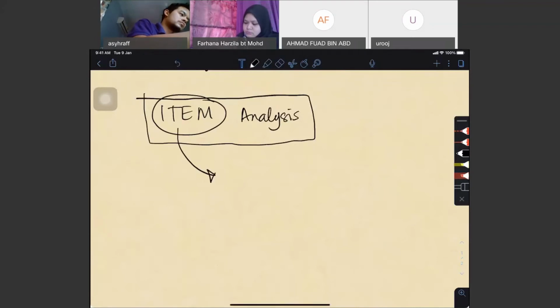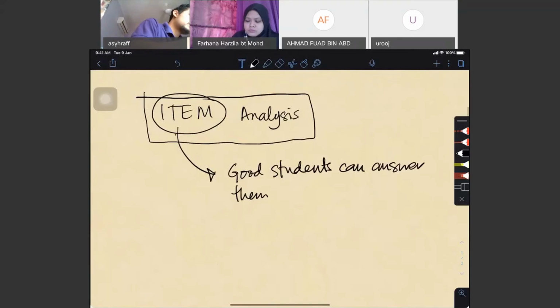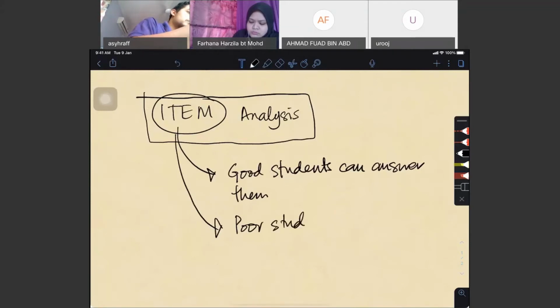The underlying expectation for all kinds of questions is that good students can answer them and poor students cannot answer them.